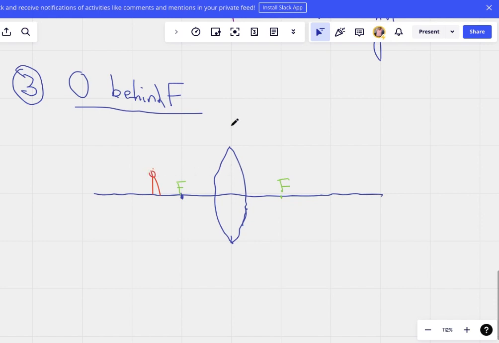Okay, let's have our center line, vertical center line that gives us our C. So here's our C. Okay, now a light ray, let's choose a different color to give us a clear understanding.